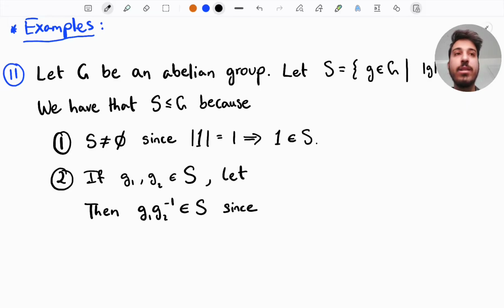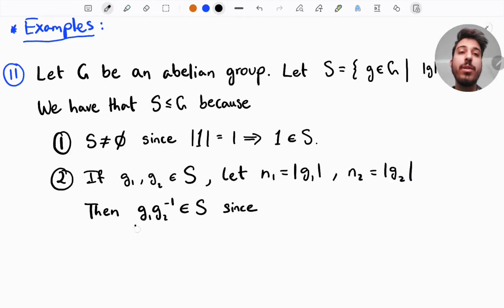Secondly, we want to prove that for any g1, g2 in S, then g1 g2 inverse is also an element in S. So because g1, g2 are elements in S, they have finite orders. So we're going to let n1 be the order of g1 and n2 be the order of g2. Then we want to prove that the order of g1 g2 inverse is also finite. Well, the thing to do here is to use n1 and n2 somehow to get an order for g1 g2 inverse.